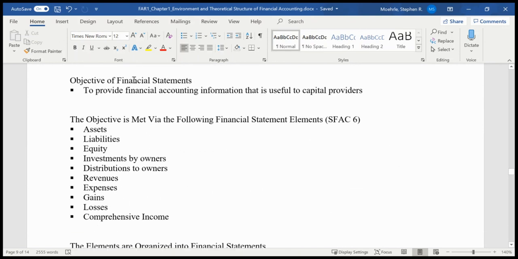The objective is met via the following financial statement elements. These are prescribed in Statement of Financial Accounting Concepts number 6. The assets, the liabilities, the equity, investment by owners, distribution to owners, revenues, expenses, gains, losses, and comprehensive income.